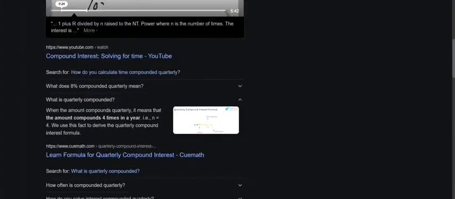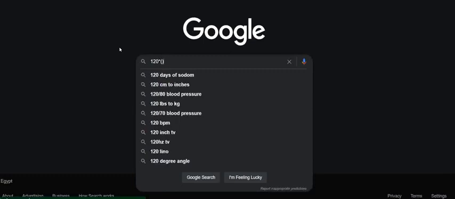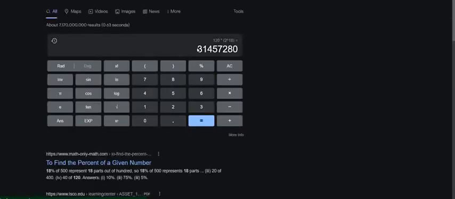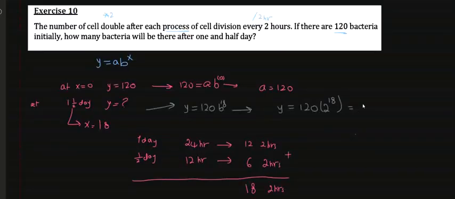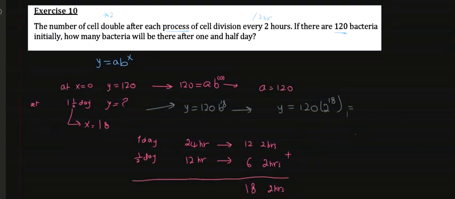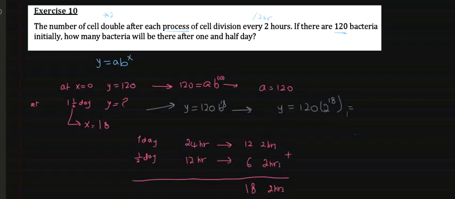120 times 2 to the power of 18, which is 120 times 2 to the power of 18, which is that big amount. So here is the required amount at the end. Okay, let's copy the number: 31457.